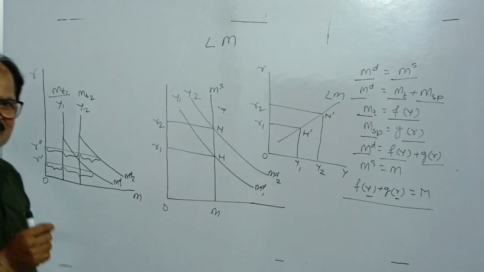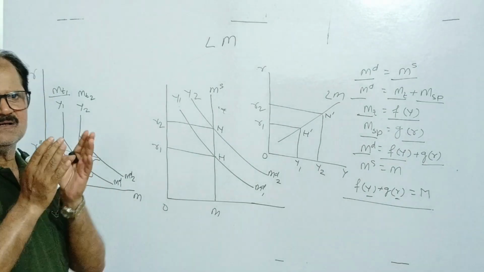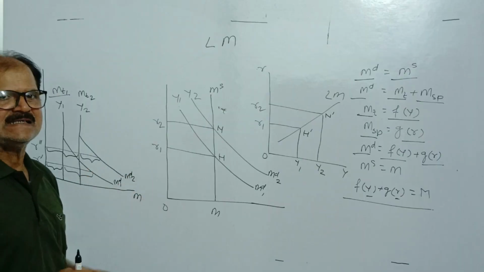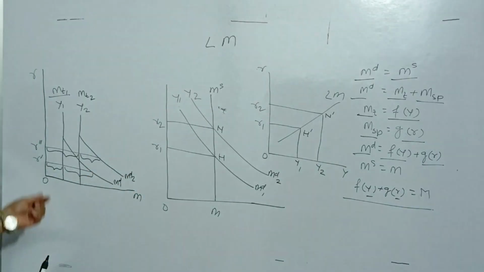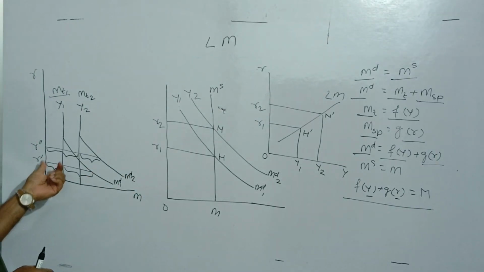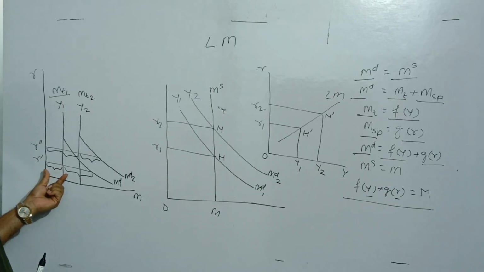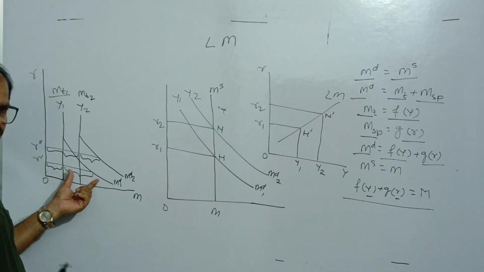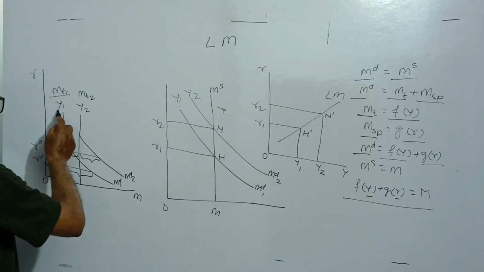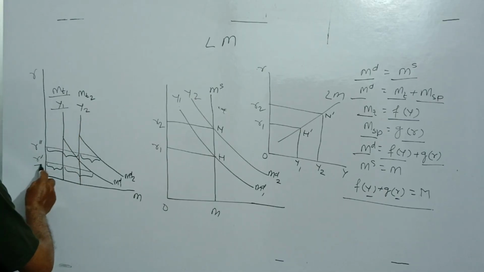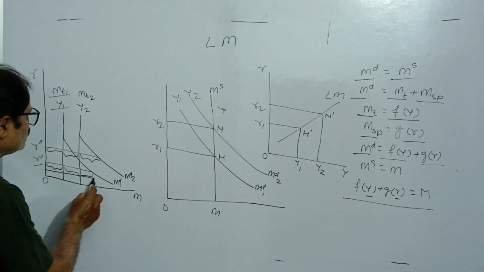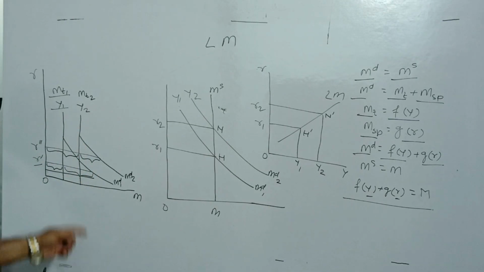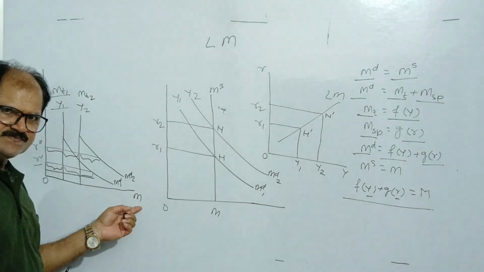Means at a given income, a particular amount is kept for transaction purposes. If rate of interest is R dash and income is Y1, then this much is transaction demand. And at R dash rate of interest, this much is speculative demand. So, when income is Y1 and rate of interest is R dash, this becomes total demand for money. And in this way, this curve is drawn.